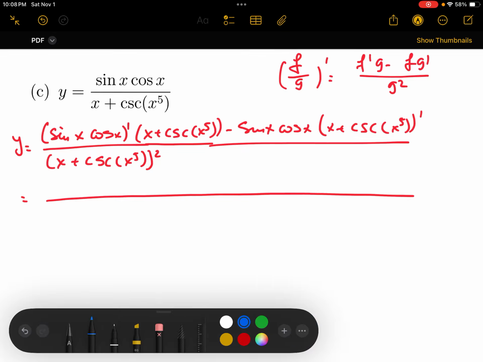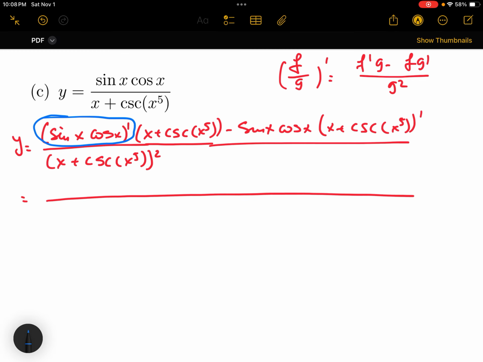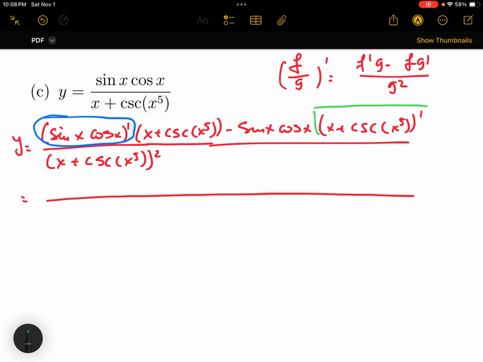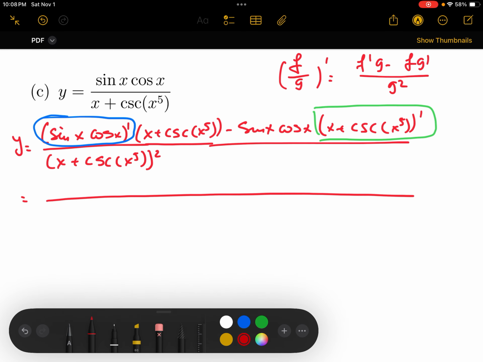Now here we will have the product rule, and here we will use that the derivative of x is 1, and then for the cosecant function we'll have to use chain rule. Okay, so let's use the product rule right here.